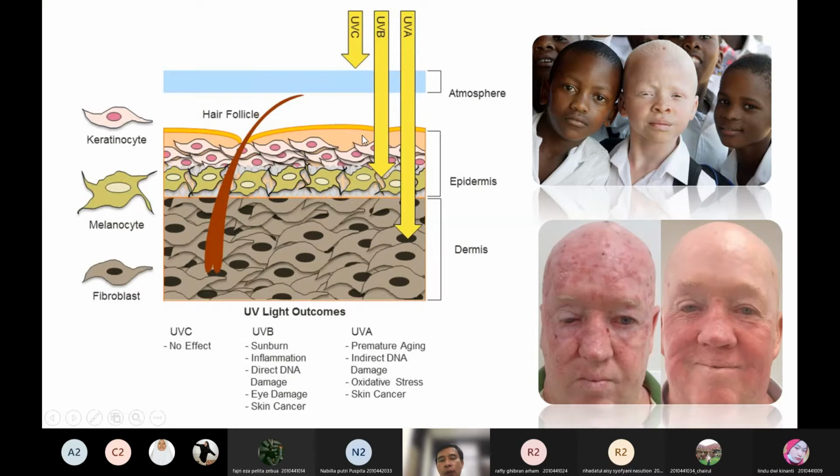So related to the use of UV radiations, there is a benefit for the black, or like us, the skin-colored people, instead of albinos or white people, because they are lacking melanocytes.